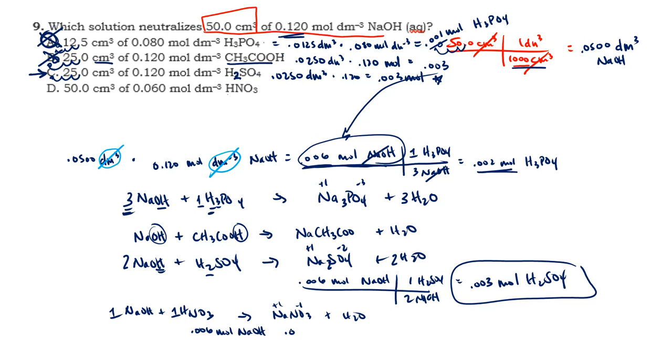I also need 0.006 moles of nitric acid because they're in a 1-to-1 ratio. So I'm going to turn my cubic centimeters into cubic decimeters, 1, 2, 3, backwards. 0.050 times 0.06 is going to give me 0.003 moles of nitric acid. That's bad. I need 0.006. My answer is C.